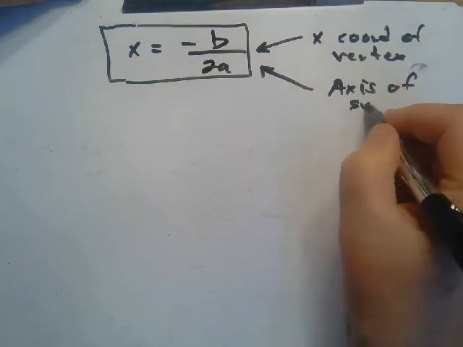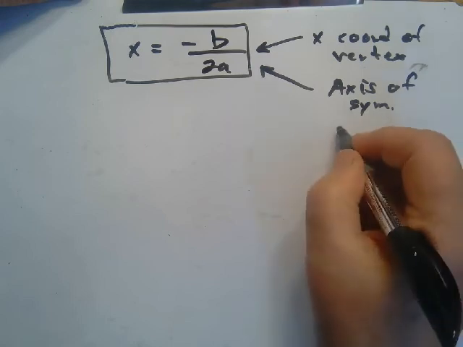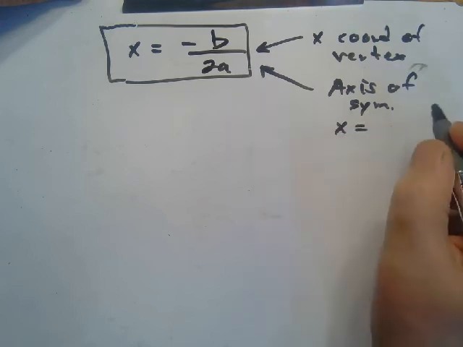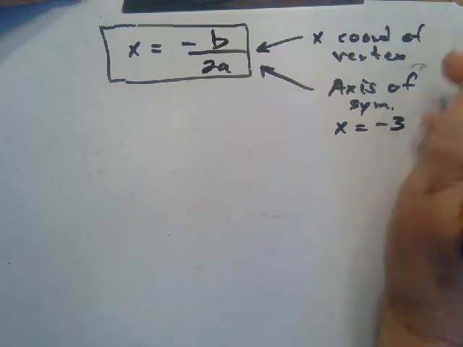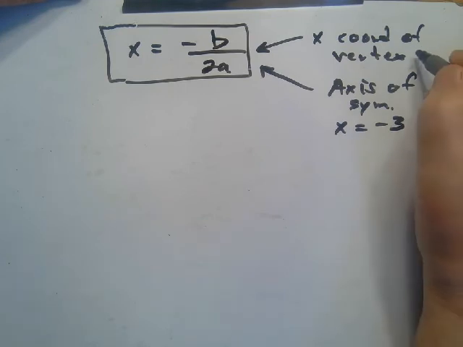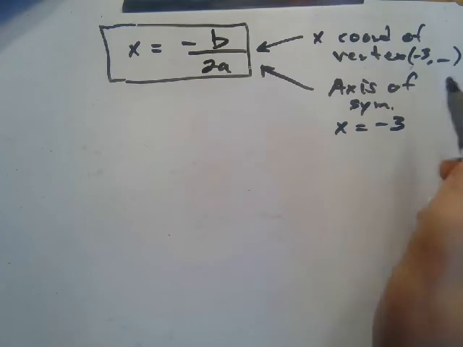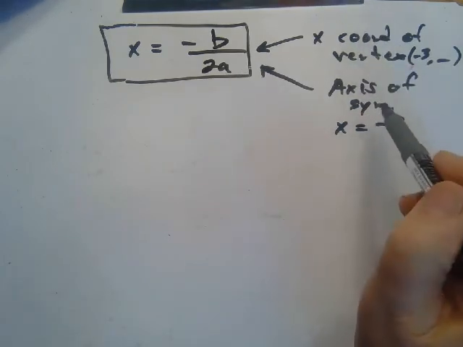They're the same thing. So this is going to be like x equals some number, like -3 or something. And this one will be helping you find the vertex, which is like the ordered pair -3, something. So it helps you find these two things.